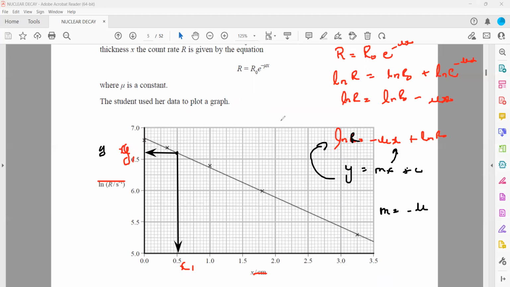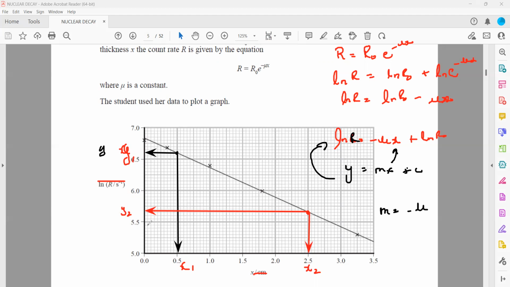And we take another point, x2 and y2, and we get a negative gradient, because y1 is above y2, so the value of the gradient will be negative. This is x2 and this is y2.